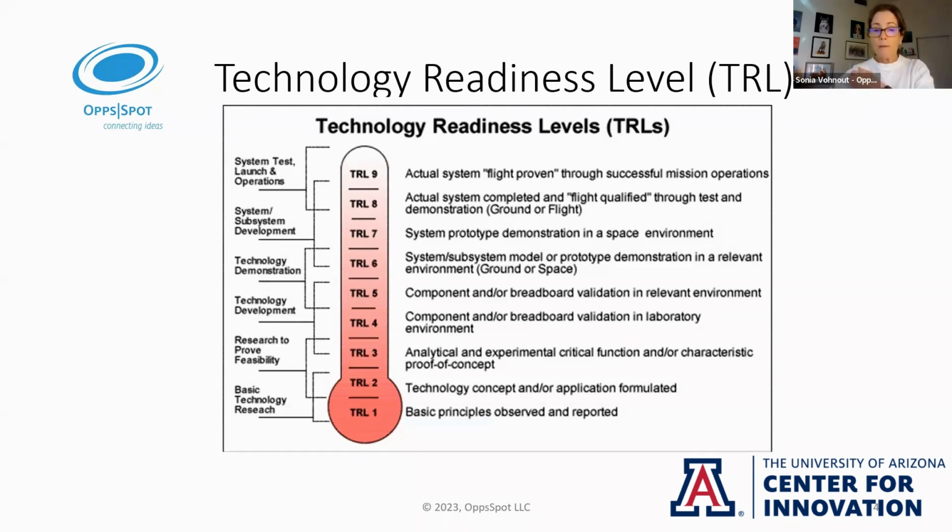When we're requesting funds for a phase two, you've demonstrated your idea works, but you want to create a prototype and demonstrate it maybe in a laboratory environment. So you take that idea from TR level 3 to TR level 4, sometimes to TR level 6, depending on the complexity of your project and the amount of funds you get.